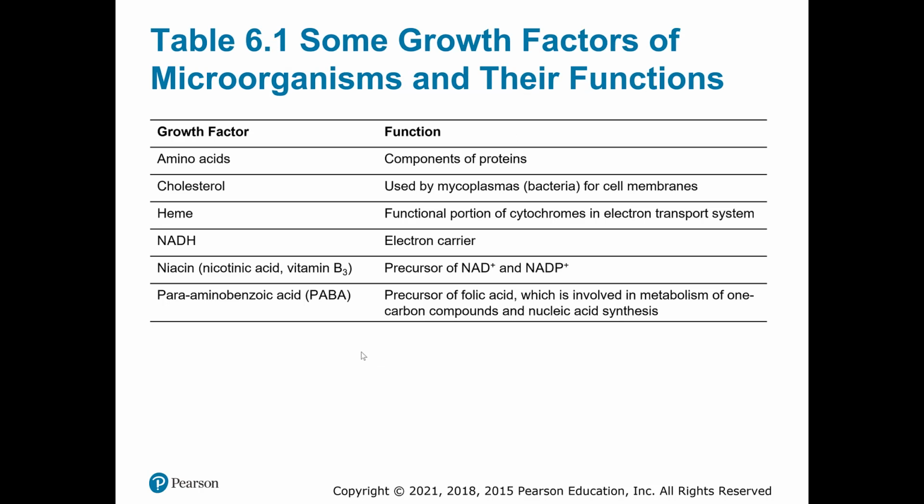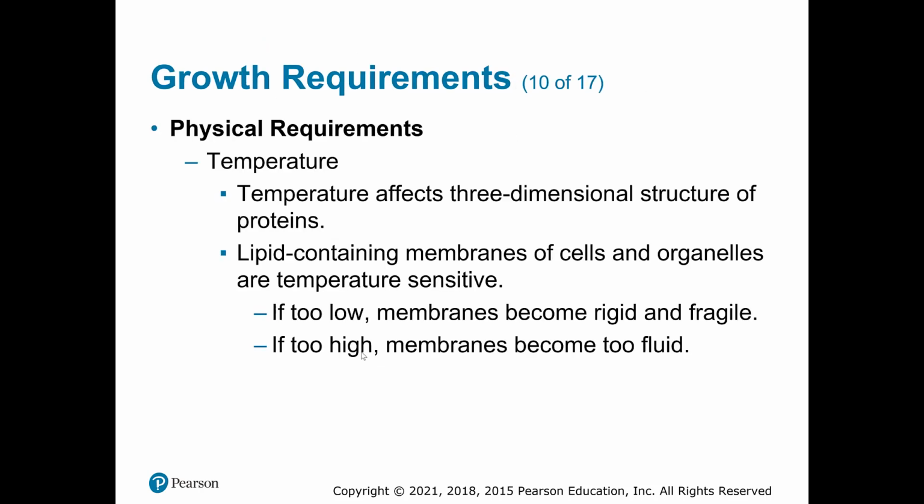And then let's see, some physical requirements. So temperature is one of those things. Think back when we talked about enzymes, and I mentioned that temperature can affect how well an enzyme can work because high temperatures will denature the enzyme. Well, that's true for any protein. And so that's going to be true for an entire cell.